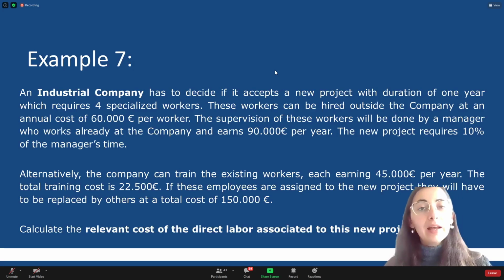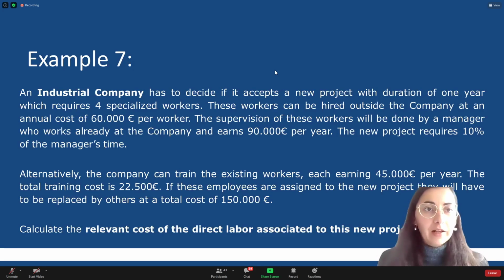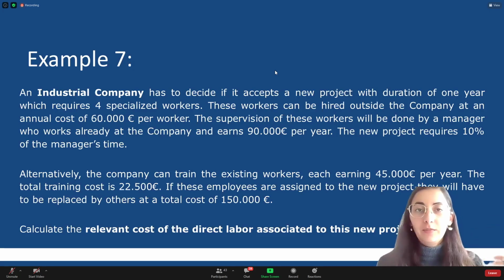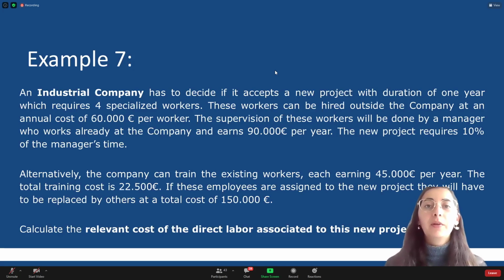Now, if we had information that the manager, if he wants to supervise these specialized workers, will stop supervising someone else, and because of that lack of supervision they incur costs like inefficiency costs of 3,000, then we would consider this, okay? But we do not have that information. But it is an excellent point.